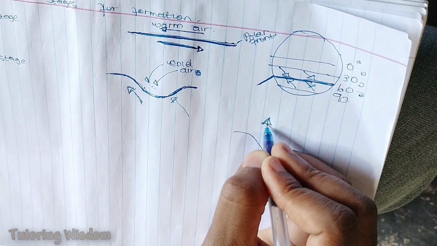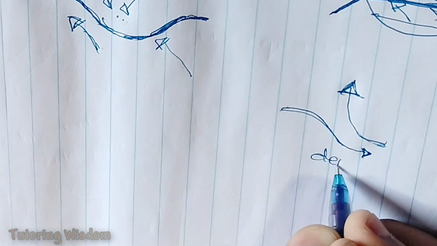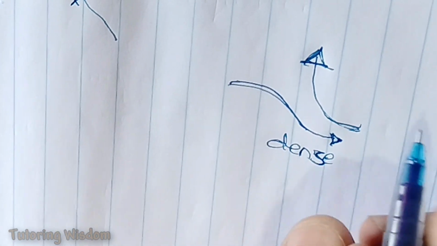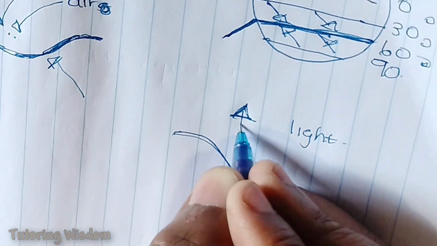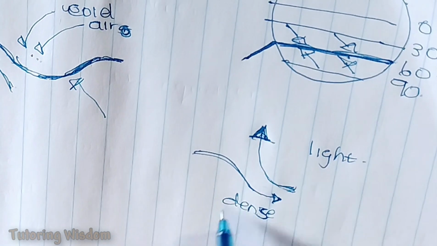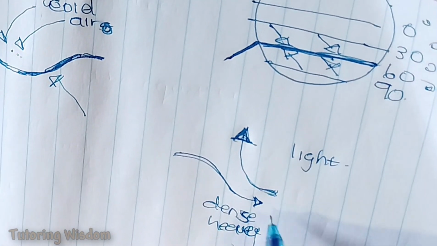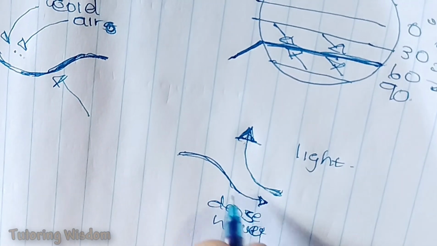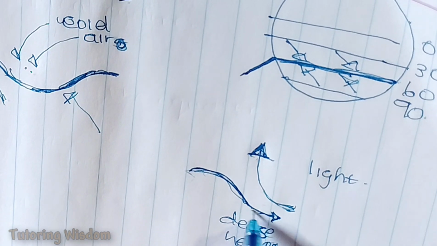Remember, your cold air is dense. Your warm air is light, right? So it's easier lifted. So this is heavy air and that is light air. So that's why this air will go underneath and undercut.